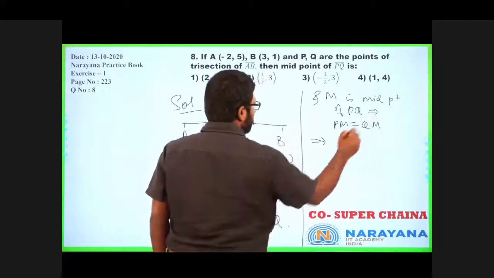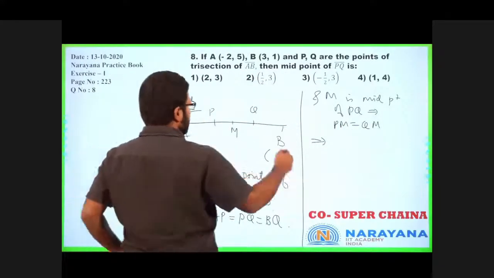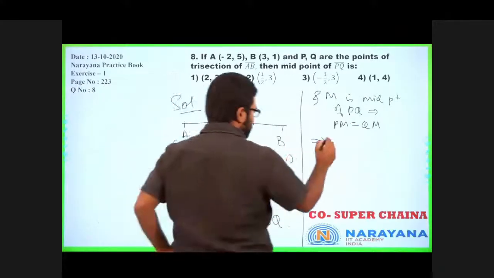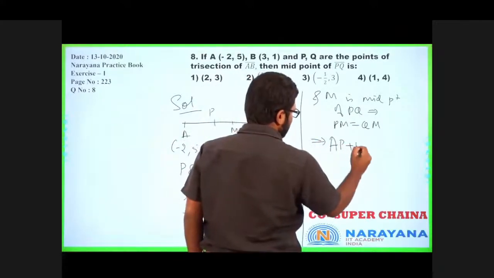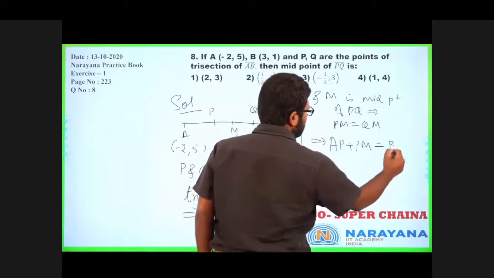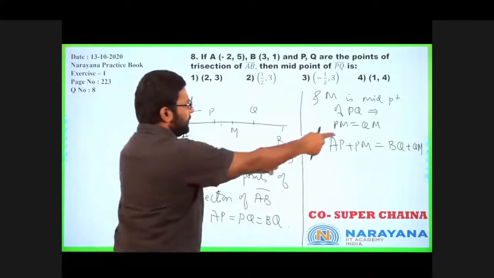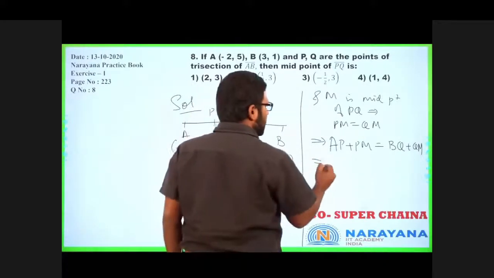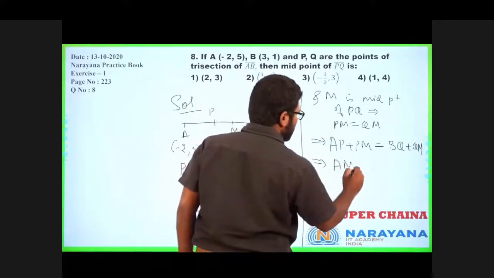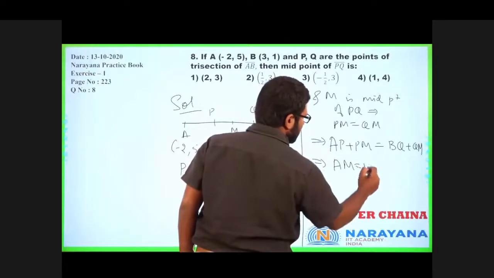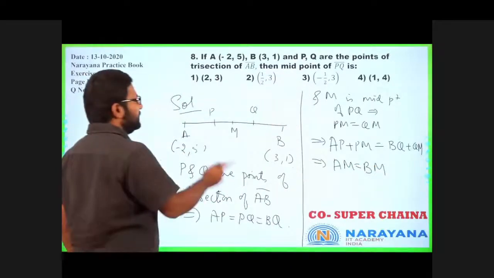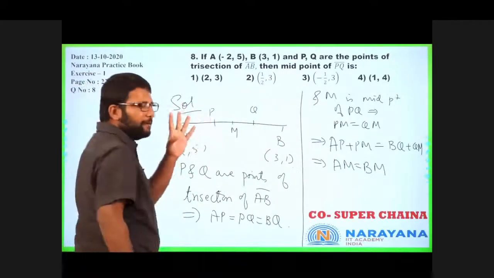So if PM equals QM and these are also equal, I will just add AP here and BQ here. AP plus PM is equal to BQ plus QM, right? Because AP equals BQ. And AP plus PM is what? AM. BQ plus QM is BM. AM equals BM, therefore M is the midpoint of AB.